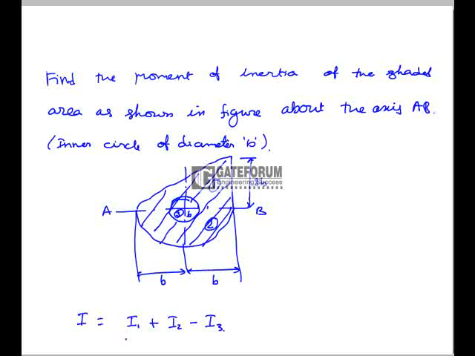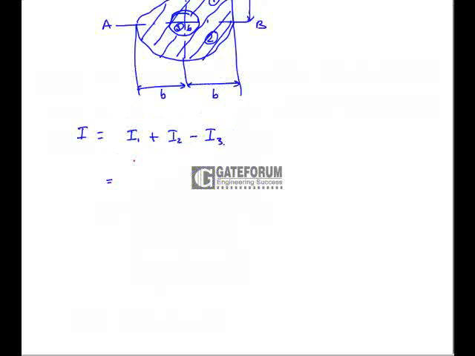Here I1 is the moment of inertia of this triangle about the base AB. So it is equal to b h cube by 12, that is 2b into 2b whole cube by 12. The moment of inertia about the neutral axis of the triangle is b h cube by 36, but the moment of inertia about the base is b h cube by 12.